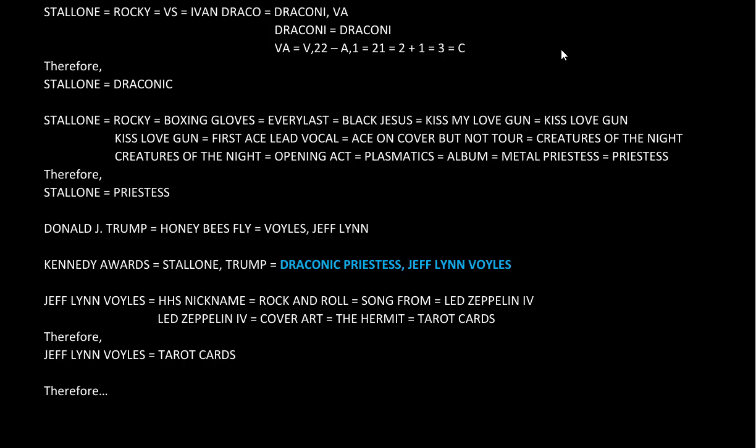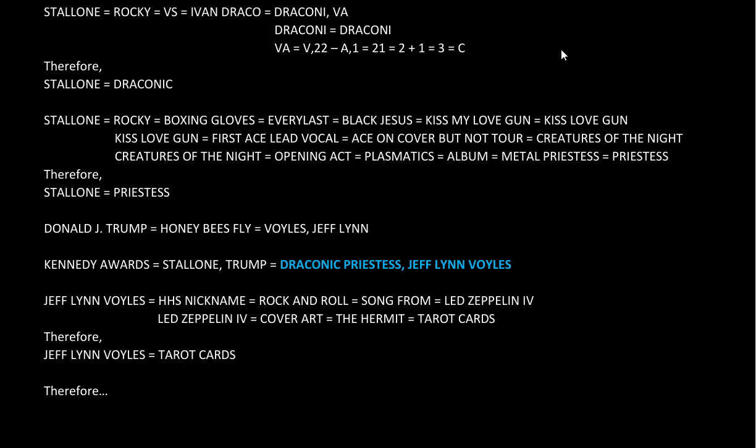That tour was Creatures of the Night. On the Creatures of the Night tour, the opening act was advertised as Night Ranger, but when me and my friend Billy got there, it was actually a band called the Plasmatics. That band has an album called Metal Priestess, which is a reference to a priestess. Therefore, Stallone equals Priestess. So from Stallone, we get Draconic Priestess.